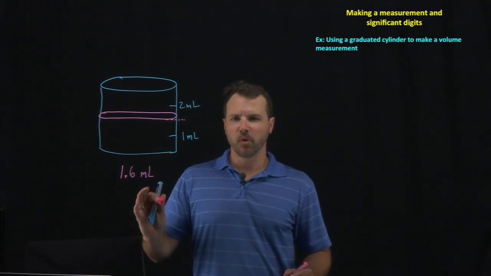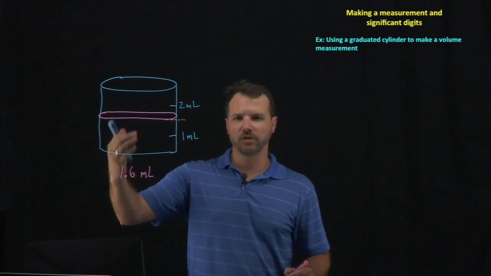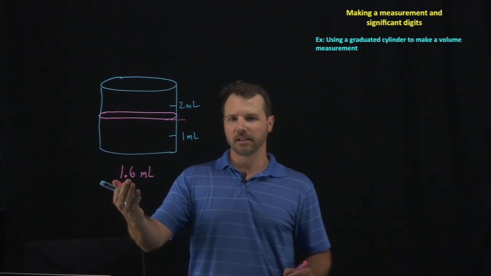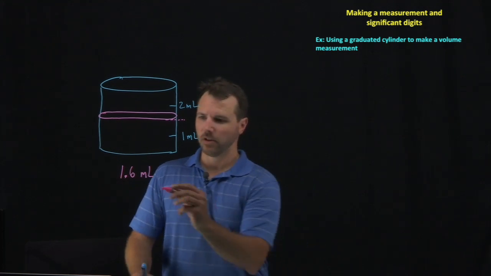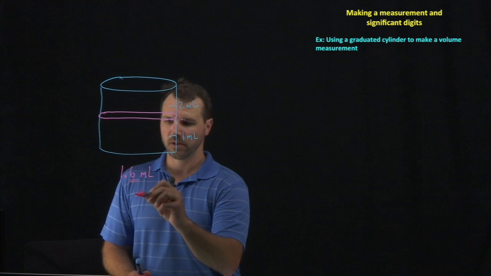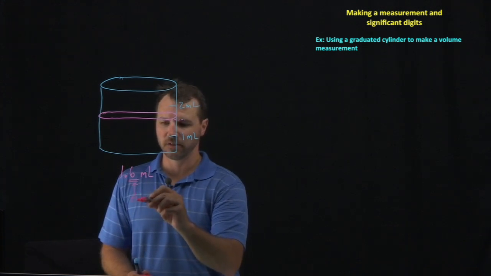What's important about this is that the device we used here is dictating how many digits we report in our measurement. I'm going to call this the estimated digit.